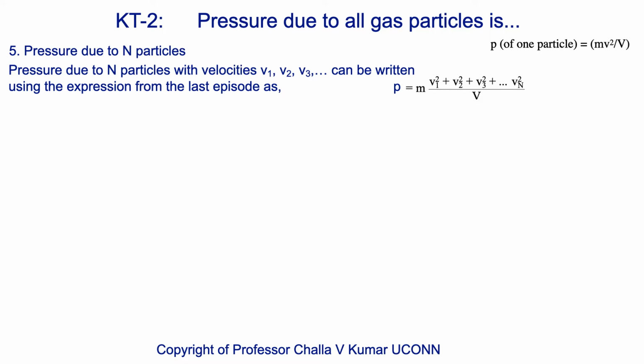If that is the case, a general situation, we can write the pressure exerted by all such particles as simply equal to m, the mass of the particles, multiplied by the square of their velocities divided by volume, and sum this series.